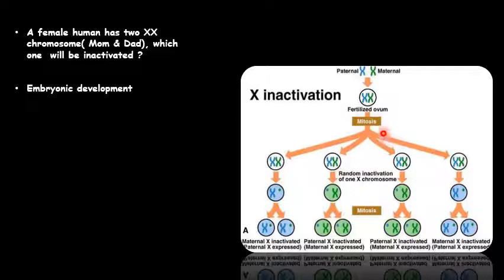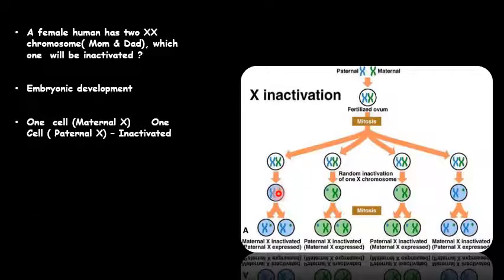As I told you, this X inactivation is carried out during embryonic development. After fertilization, cells will be continuously dividing. During embryonic development, say for example in this cell, the X chromosome inherited from the mother will be condensed, which means it will be inactivated.